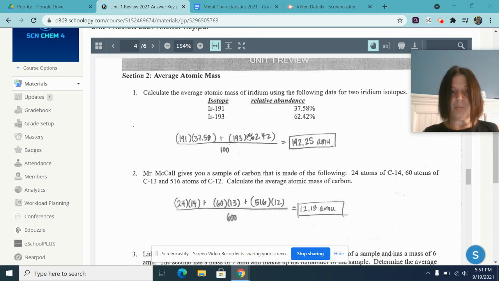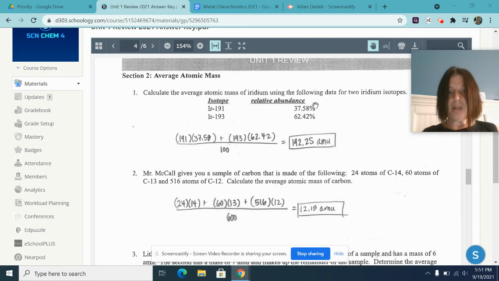So I have iridium 193, and I'm going to multiply it by its relative abundance, which is 62.42% of the sample. Once I have each of these amounts multiplied, I then need to divide by 100, because what I want is, out of this whole entire sample, what would be the average atomic mass for one of these particular atoms or isotopes.